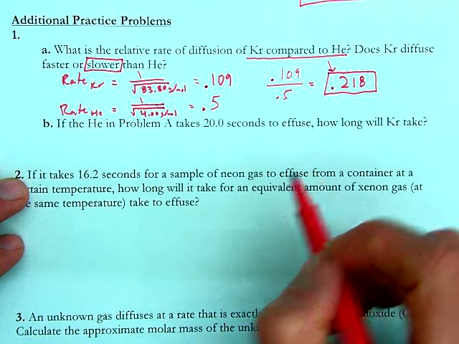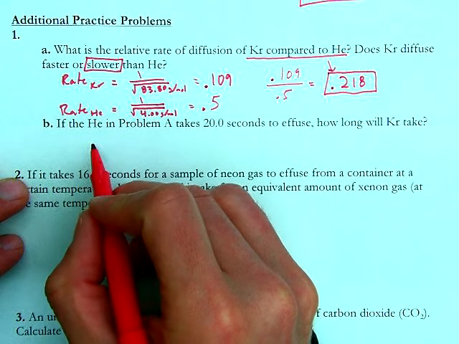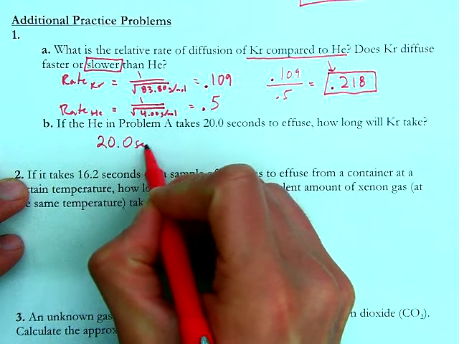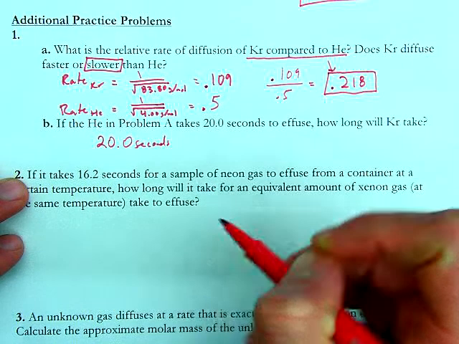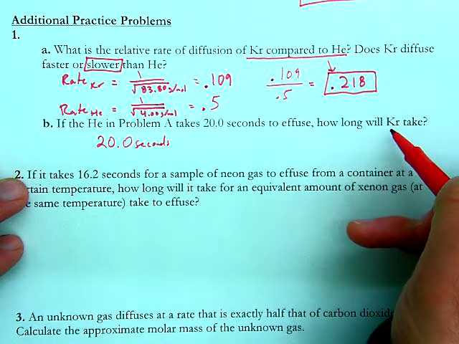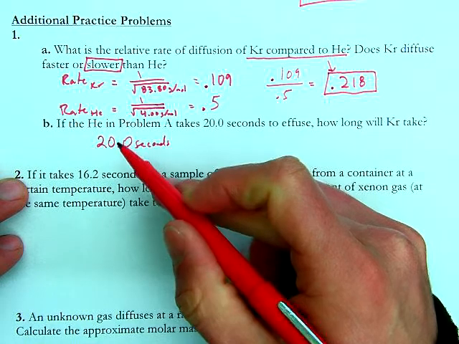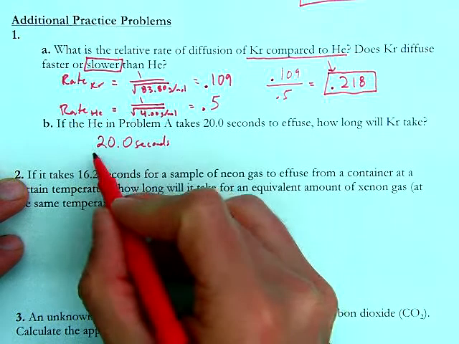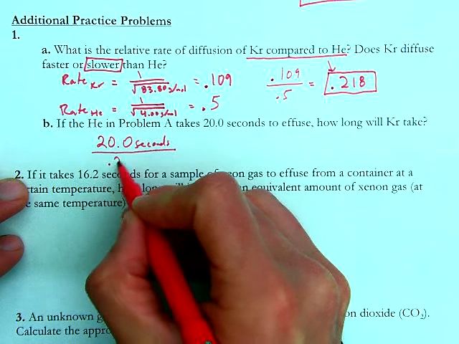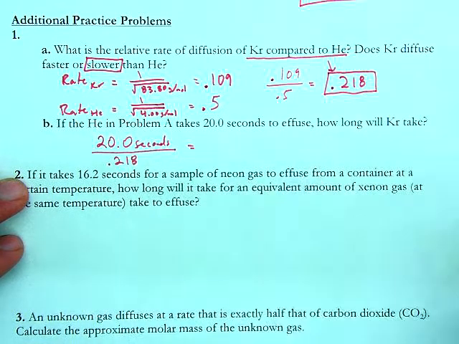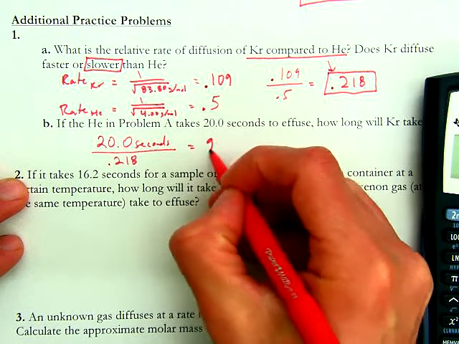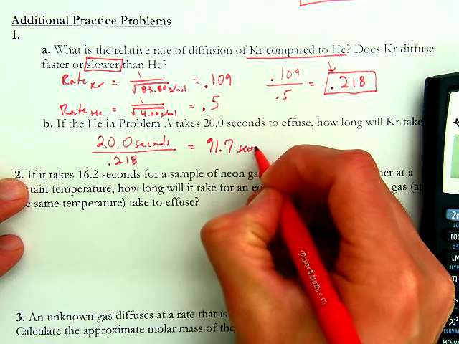So the helium takes 20 seconds, and we know that the Kr is going to take longer than the He. So we could take this and divide it by 0.218, and what we would get if we took 20 and divided by that number is 91.7 seconds.